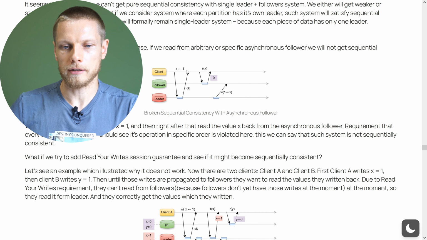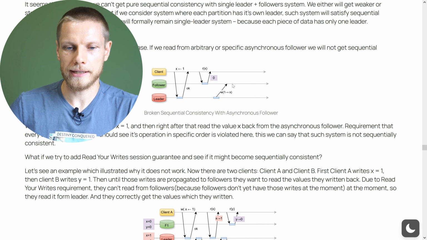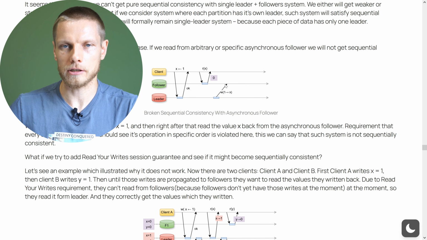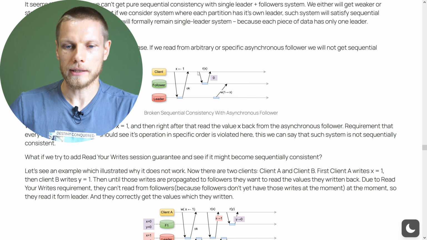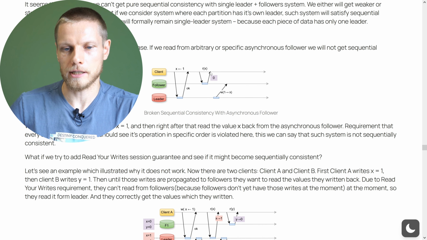Assume a client assigns 1 to X, writes it to the leader and gets acknowledgement. Because of the asynchronous follower, it has some replication lag before replicating to the follower, and only at this point in time this write reaches the follower. But the client could read after it made the write and get 0.